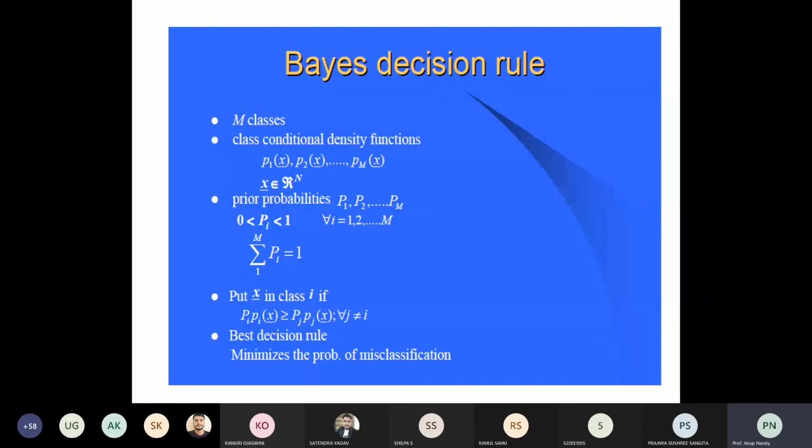So if you put x in the river class, take i as the river class and j as the non-river class. If Pi(x) is greater than or equal to Pj(x) for all j not equal to i, then it can be used as the Bayes decision rule, which minimizes the probability of misclassification that I already explained.